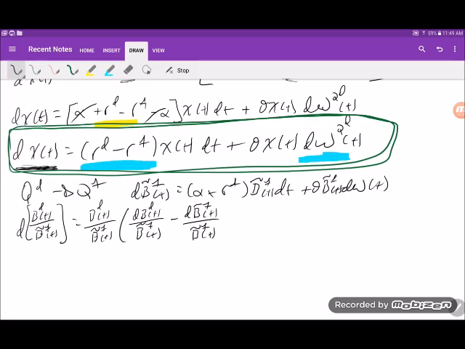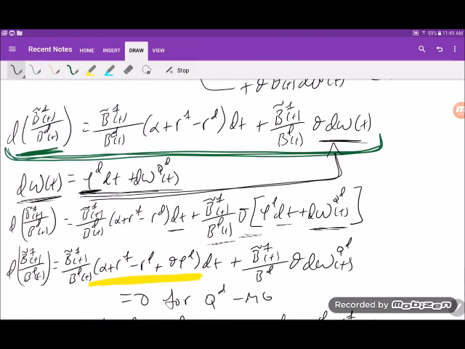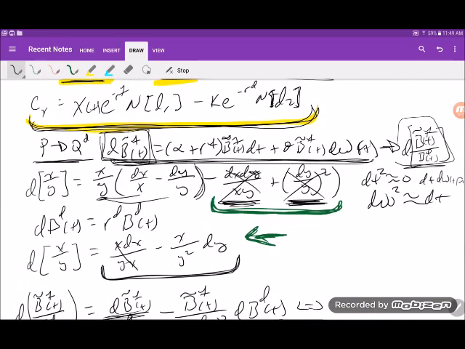Unfortunately, I want to go back. I think I said something completely wrong earlier. I was talking about this term, and I said if you FOIL this, nothing's going to happen, which is clearly wrong. You would have a dt term. I was totally mistaking y as this process, when y is just this process, which itself was wrong.